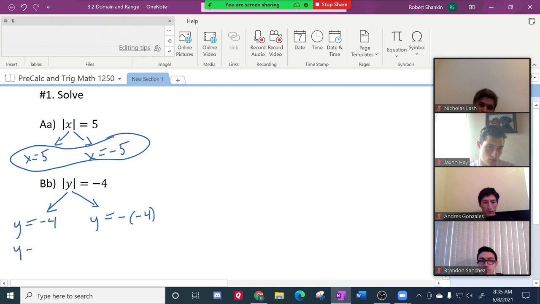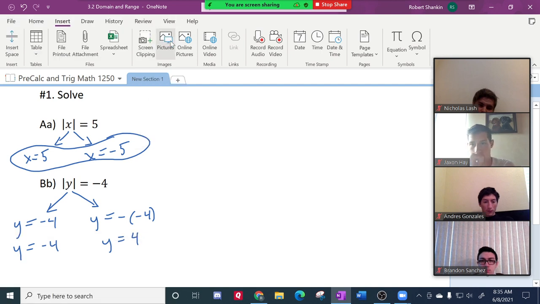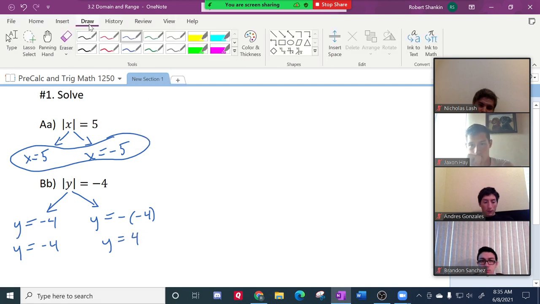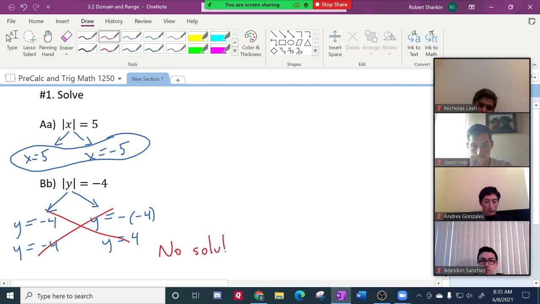And that would lead me to y equals negative 4, or y equals 4. And my first instinct is to just say, alright, these are the 2 solutions. But it turns out this is all nonsense. The real solution is that there is no solution. The method that you would use leads you to the wrong answer.